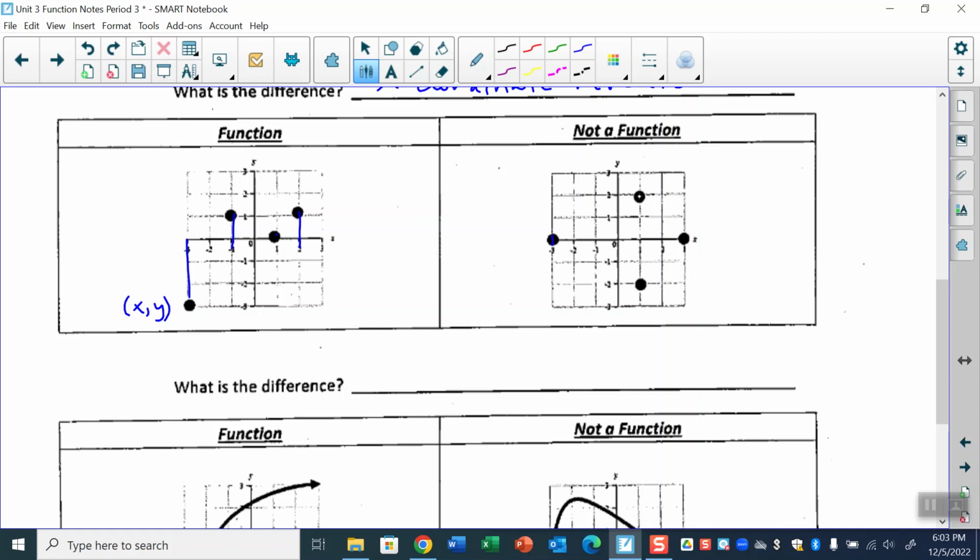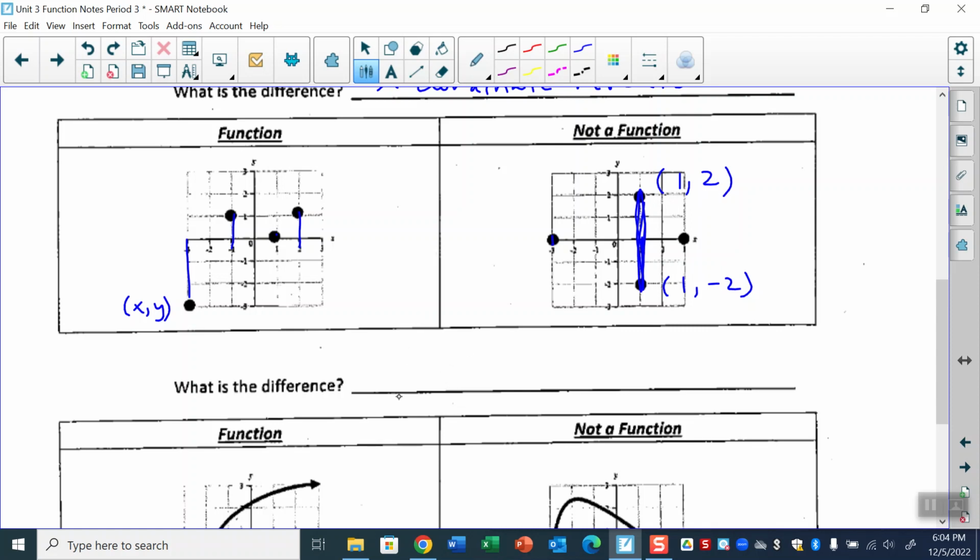This has an x coordinate, but over here, right, I have this x coordinate is 1 and this y coordinate is -2. This x coordinate is 1 and the y coordinate is +2. All right, so this x value of 1 has 2 y values that go with it, okay?